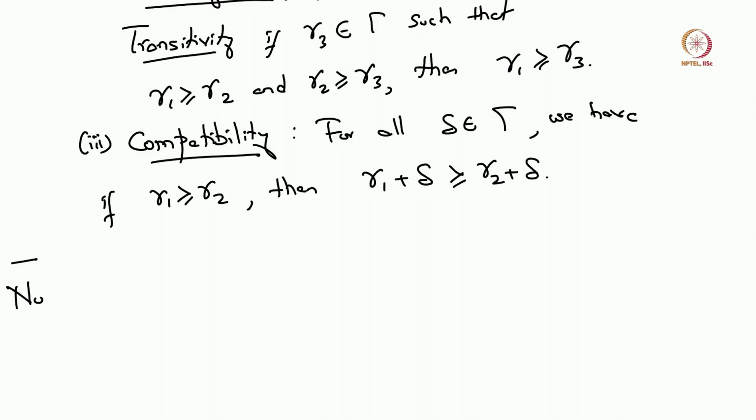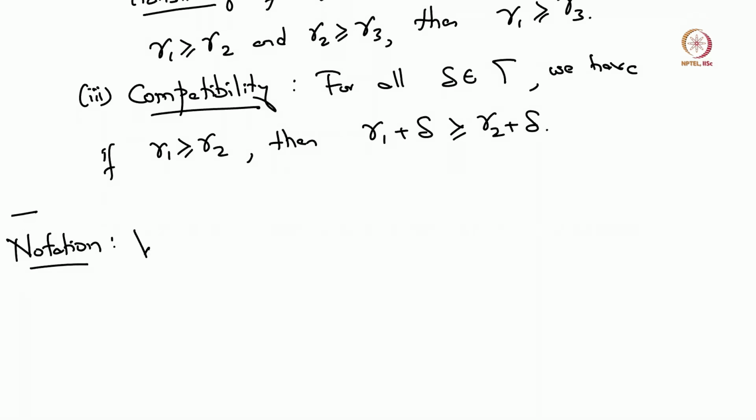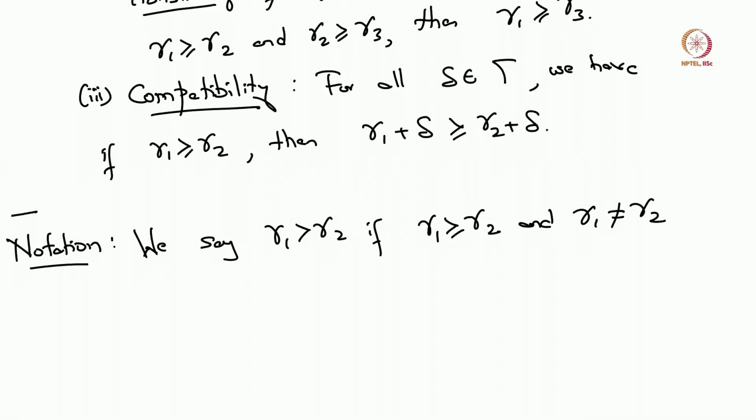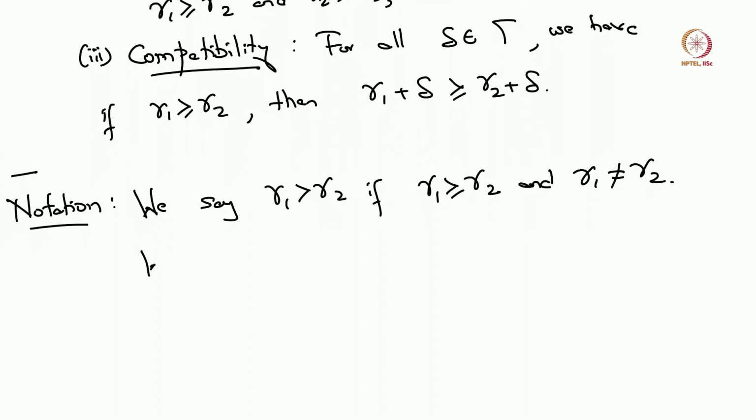Okay, and some more pieces of notation which are fairly obvious. So we'll say that gamma 1 is larger than gamma 2, or strictly larger than gamma 2, if gamma 1 is larger than or equal to gamma 2 and in fact gamma 1 is not equal to gamma 2. And similarly, I'll say that gamma 1 is less than or equal to gamma 2 if it just means that gamma 2 is larger than or equal to gamma 1.